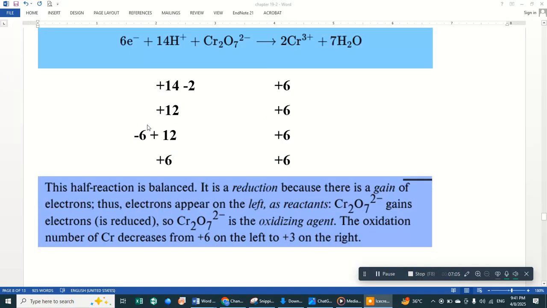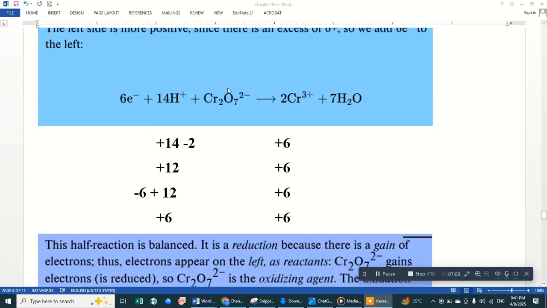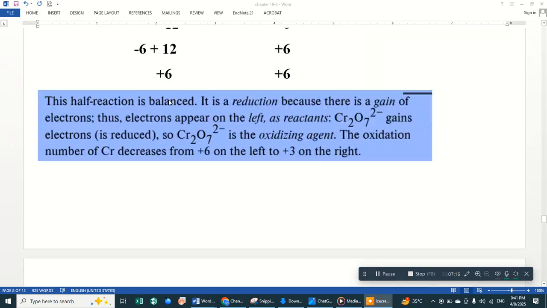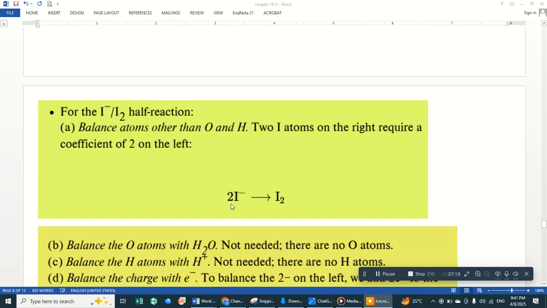Okay, we have balanced all the charges as well as all the elements on both sides. Second, the half reaction in which iodide ion is changed into iodine. First of all, we balance the iodine: 2 iodine atoms on the product side, so we put 2 to balance the iodide ion on the reactant side. It means 2 iodines are present on both sides, in which the -1 oxidation state is changed into 0 oxidation state.